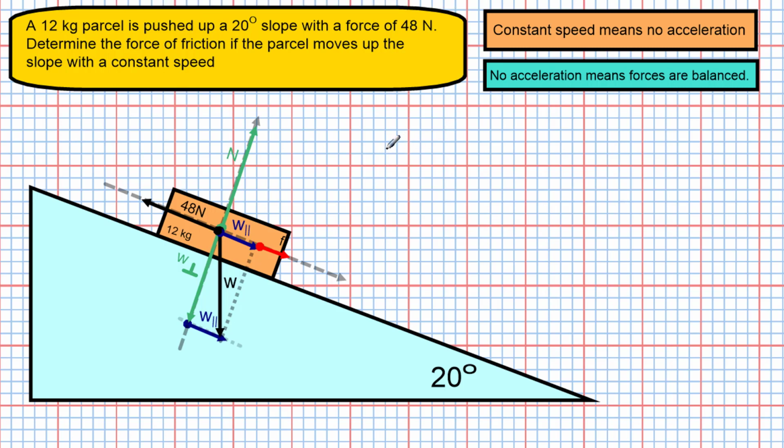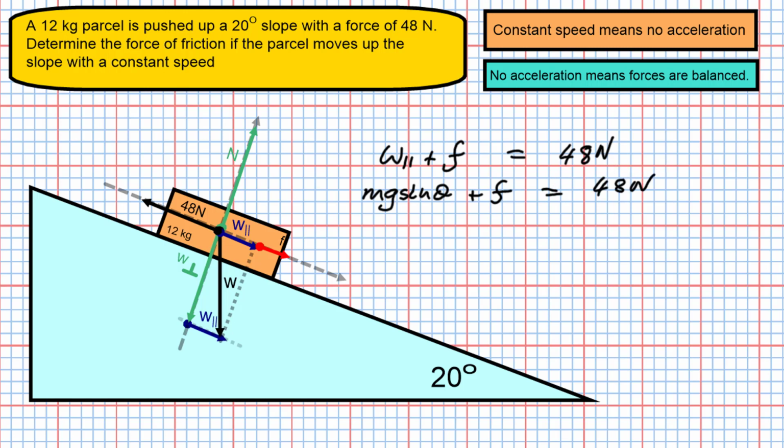The downward forces, the weight parallel to the slope, plus the frictional force, must equal all the forces acting up the way, which we know is going to be 48 newtons. So what is the parallel force? Well, we know the parallel weight component is always given by mg sine of theta, plus the frictional force, and that equals 48 newtons.